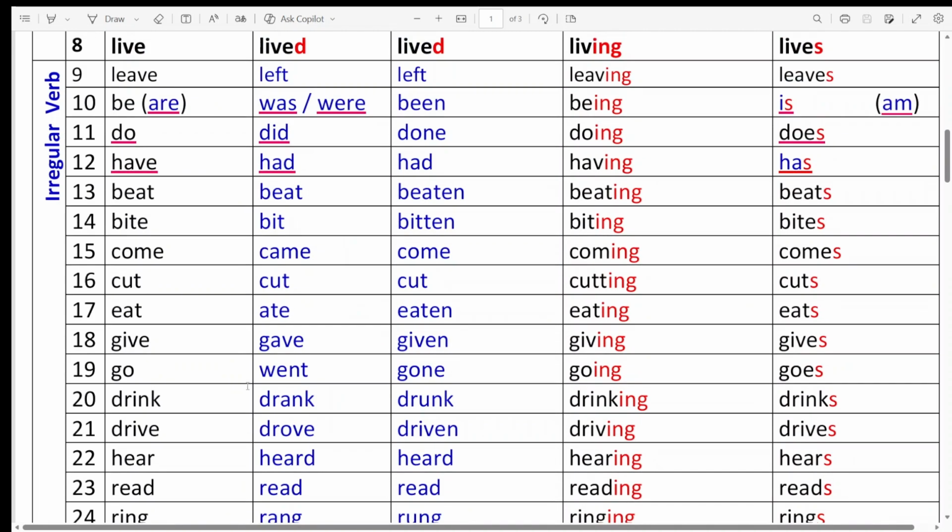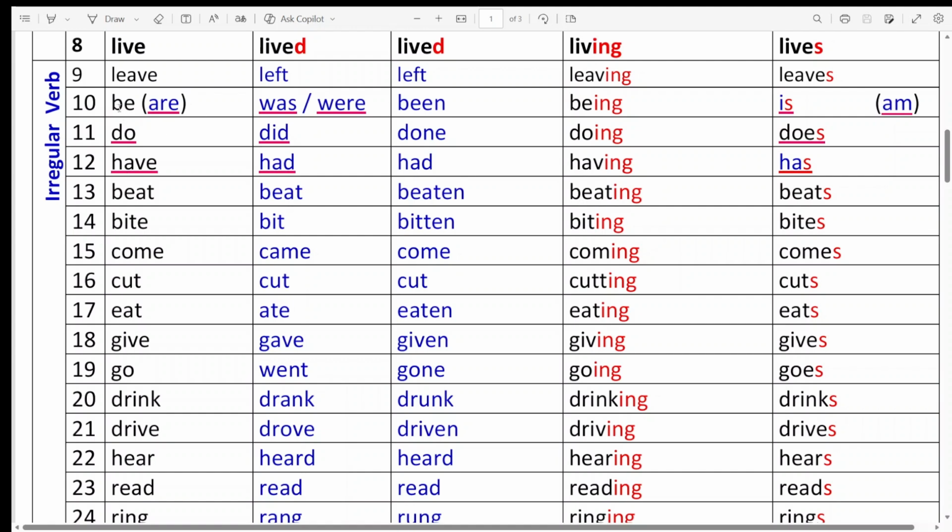So here, let's talk about 11th number: do, did, done. And then 12th number: have, had, had. And there is no doubt that they are irregular ones.